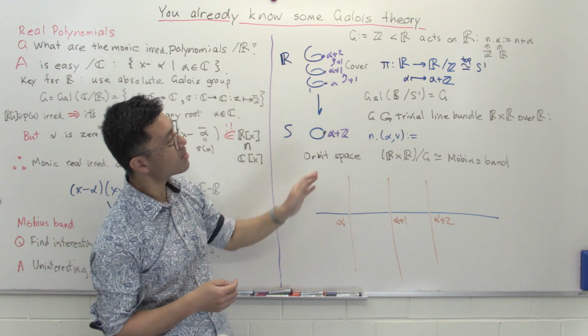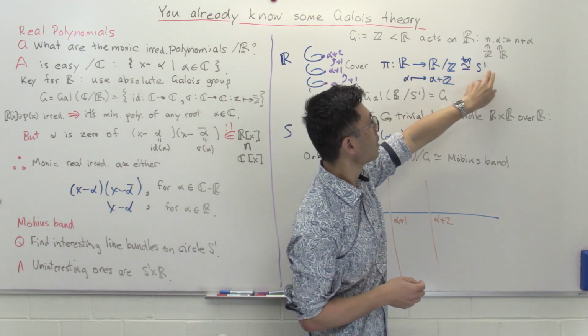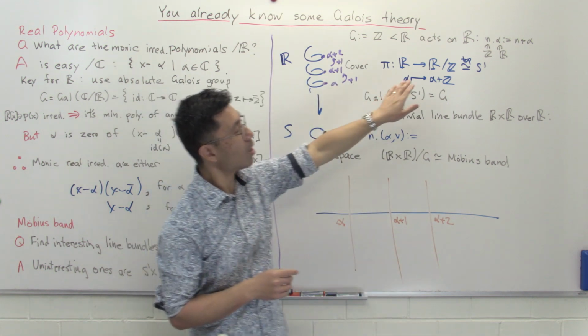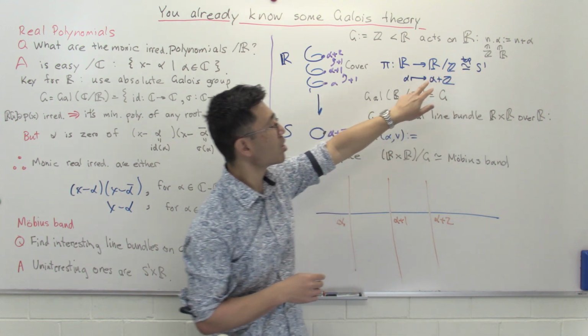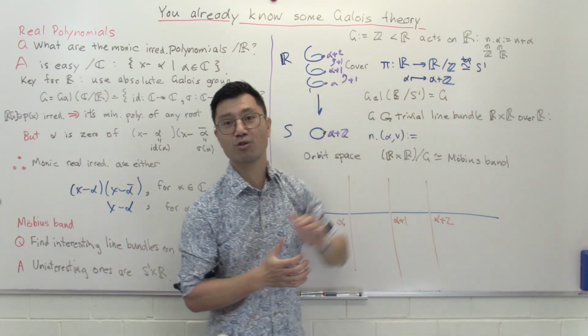Okay, so that's one way to see that R mod Z is actually homeomorphic to S1. Of course, you can do this lots of other ways, and another way you can do this is to write this map more specifically using the exponential function, for example.